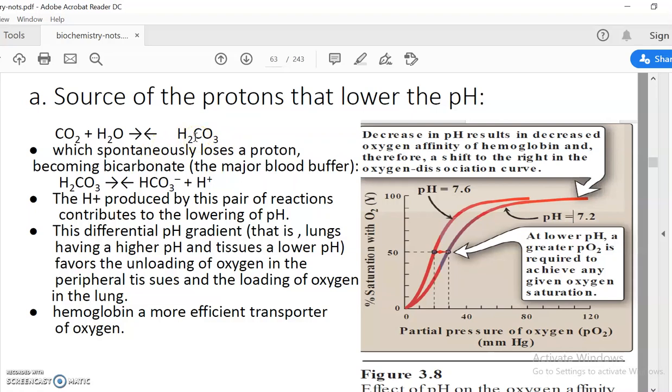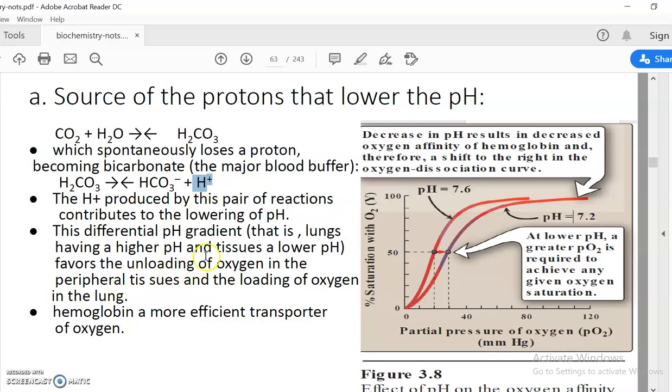Carbonic acid spontaneously dissociates into bicarbonate ion and hydronium ion. The hydronium ion produced by this pair of reactions contributes to the lowering of the pH. So the lowering of the pH is due to the increase of H positive in the reaction.